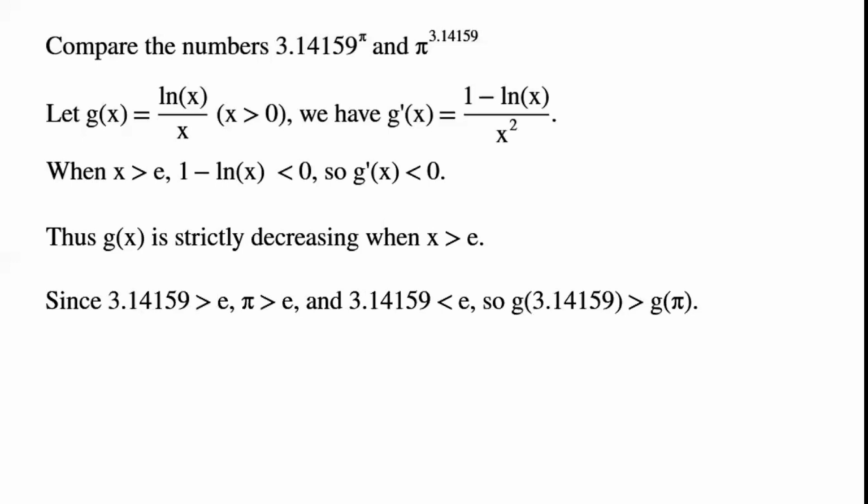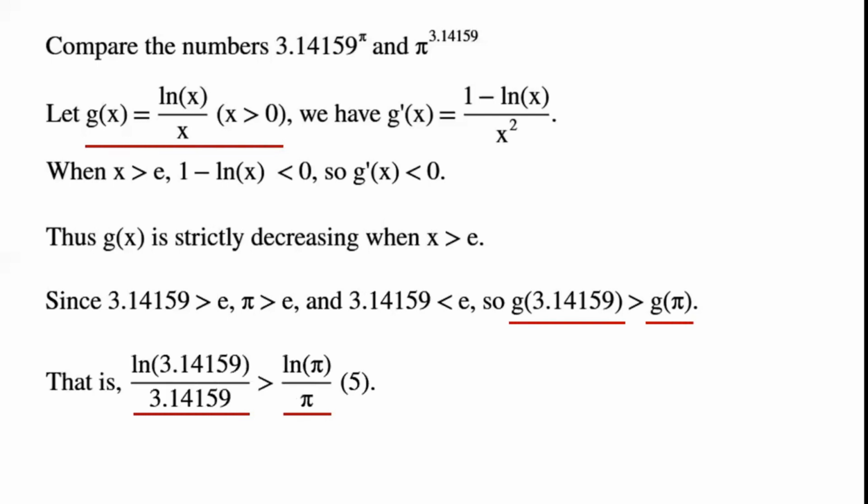Since 3.14159 is greater than e, pi is greater than e, and 3.14159 is less than pi, so g of 3.14159 is greater than g of pi.